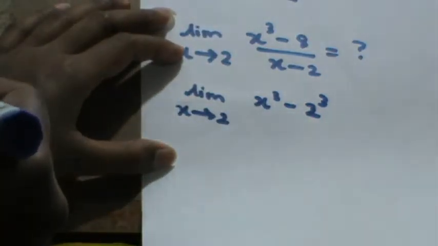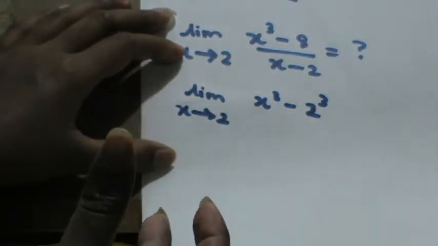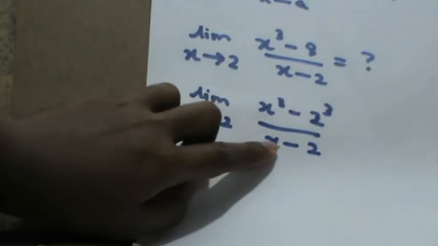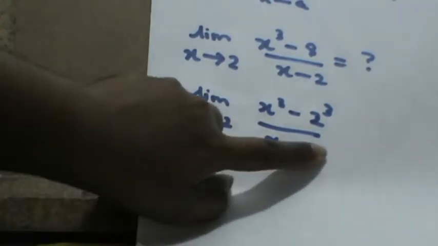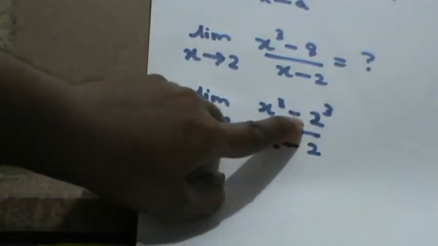So this is the limit when x goes to 2 of x to the power 3 minus 2 to the power 3, because otherwise we can't apply this equation, divided by x minus 2. Here we have x, here is a minus, and here we have a minus.